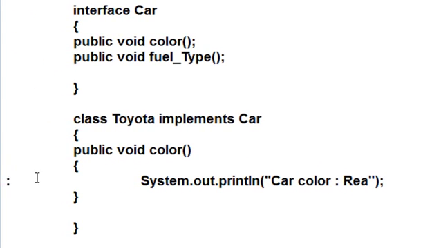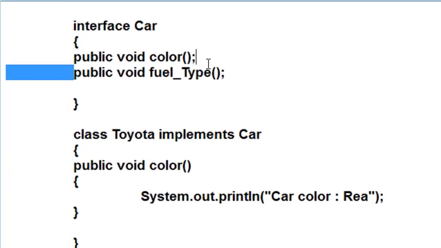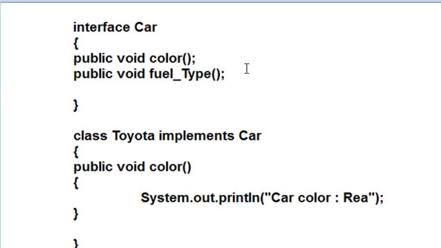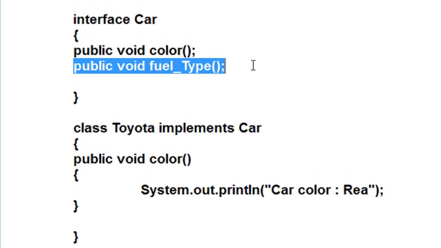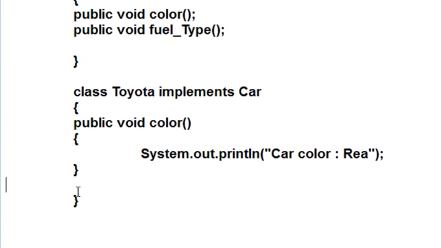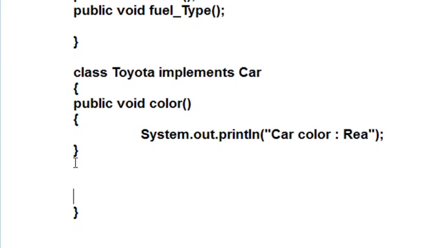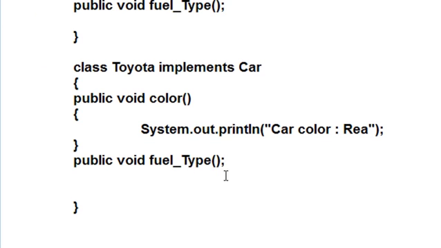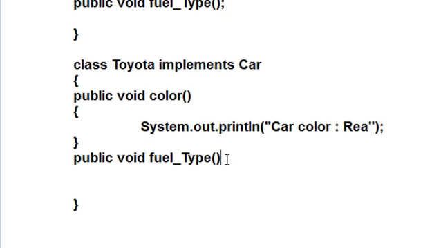Now there is one more abstract method present in that interface called fuel type, so you need to implement that also inside this class called Toyota.